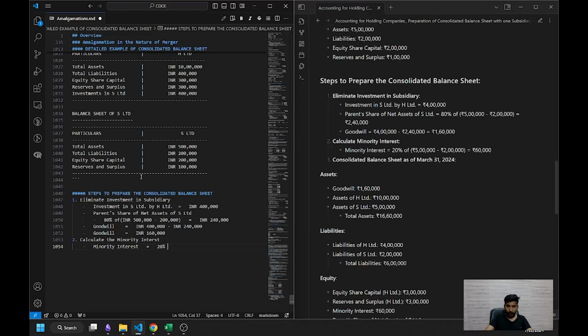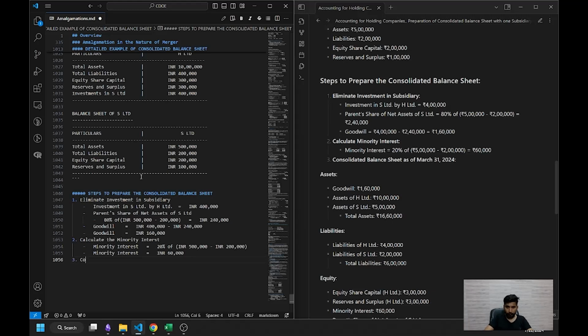It is the remaining 20% of these 5 lakhs minus these 2 lakhs. Hence, the minority interest is equal to 60,000. Okay.